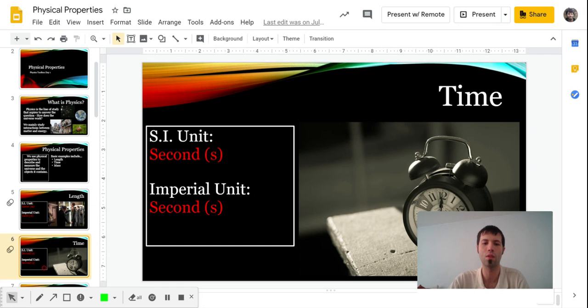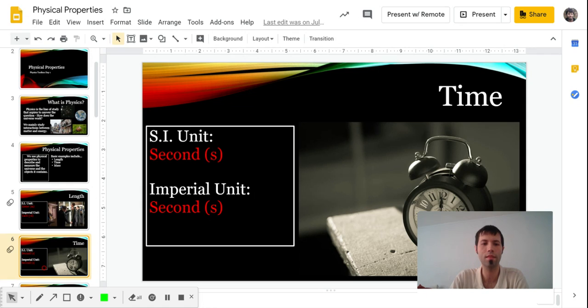So seconds is our base unit for time. I think everybody should know what a second is. If not, you can find a YouTube video for how long is a second. You can also set a timer on your watch or your microwave oven. We use seconds every day.